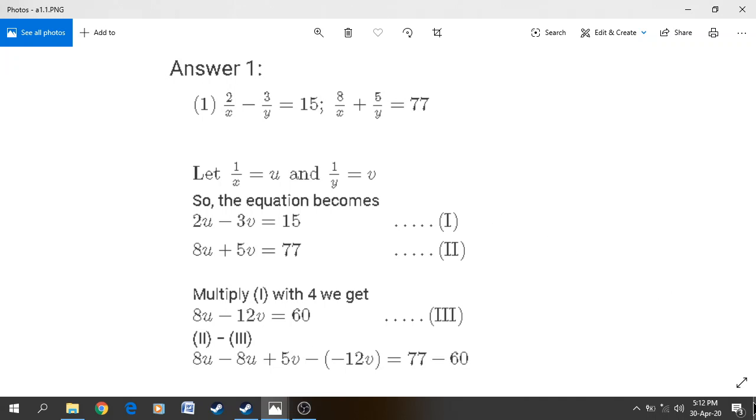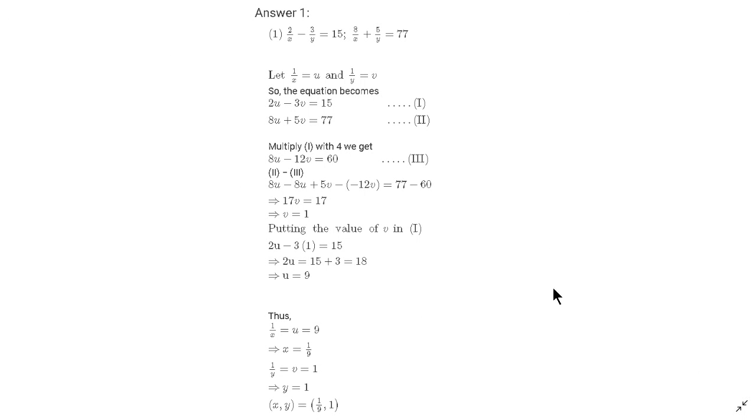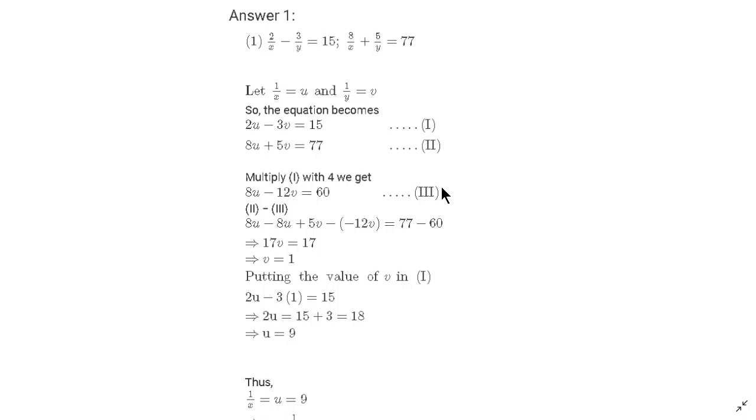So, this practice set is upon the topic of reducing equations to linear equations, the equations which are not in linear format. They can be reduced to linear format and then can be solved. These type of examples we will see in this practice set.